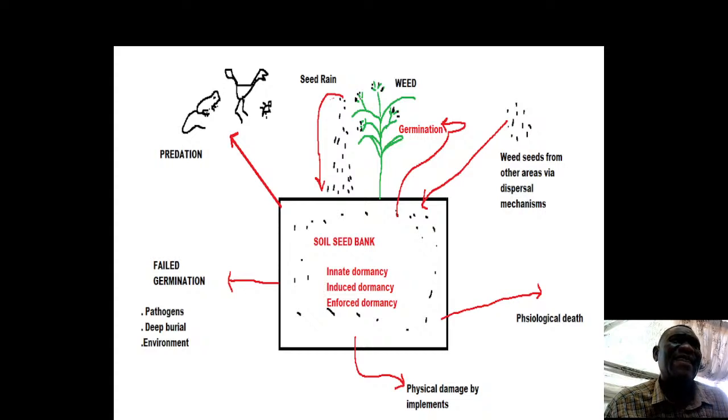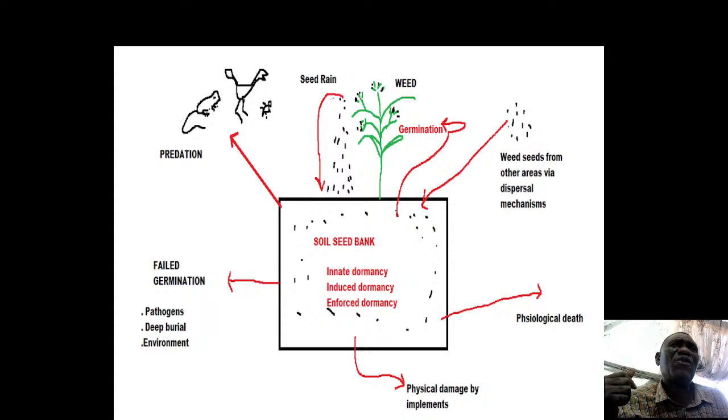Once they are in the soil, probably they will go into innate dormancy, induced dormancy, or enforced dormancy. They go in a state of dormancy and they are stored within the soil.